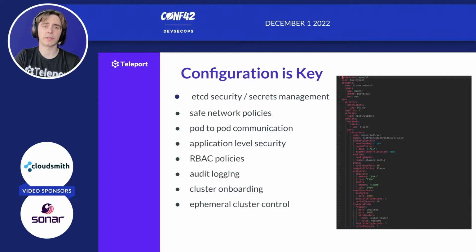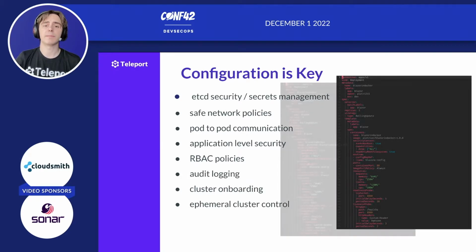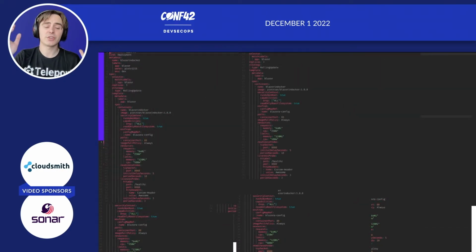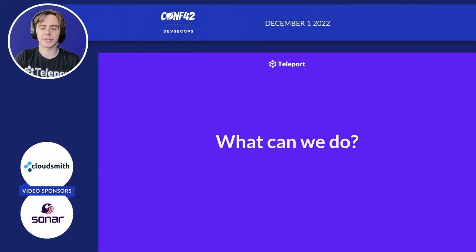Cluster onboarding, adding new clusters, scaling up, scaling down, ephemeral cluster control. All of this, there's so many places where it can go wrong for a manual configuration. And you just get more and more of these files until they just all add up, and there's going to be a problem somewhere. So what can we do about that?